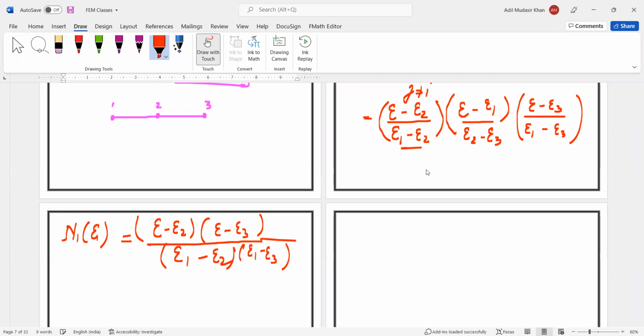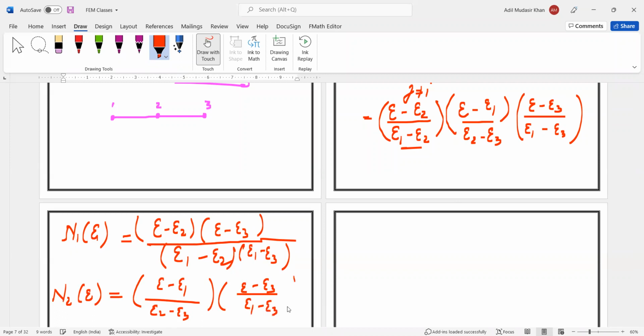Okay. Now n2, the second shape function as a function of zeta, will be (zeta minus zeta 1) divided by (zeta 2 minus zeta 1), multiplied with (zeta minus zeta 3) divided by (zeta 2 minus zeta 3).